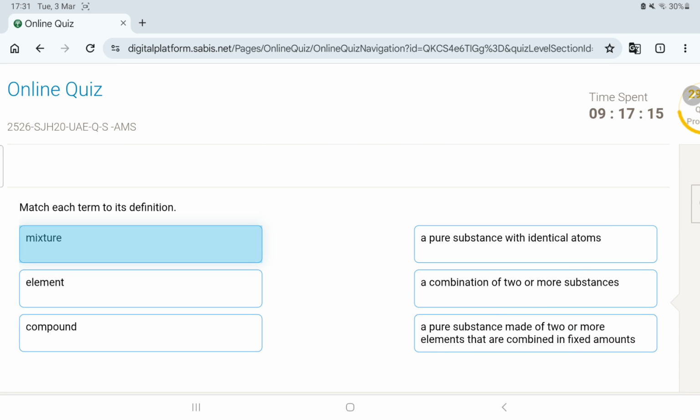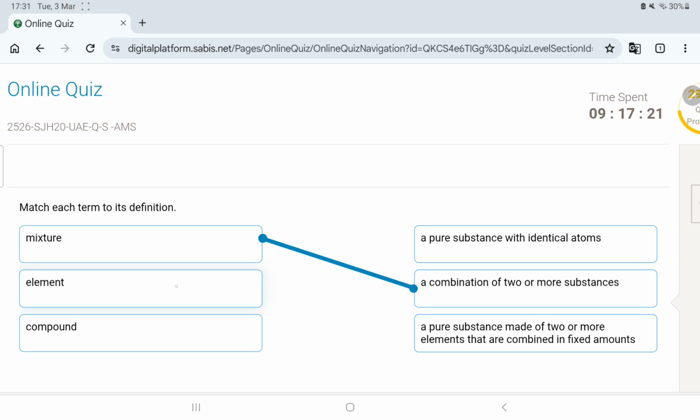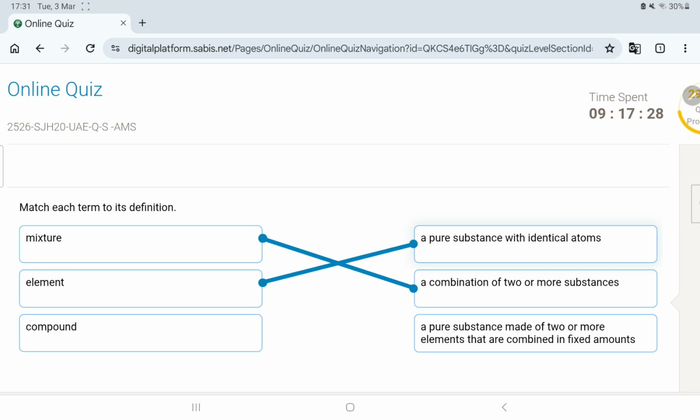Once again, a mixture is a combination of two or more substances. An element is a pure substance with identical atoms. And a compound, once again, is a pure substance made of two or more elements that are combined in fixed ratios or fixed amounts.